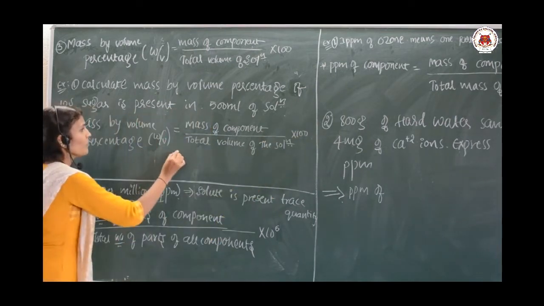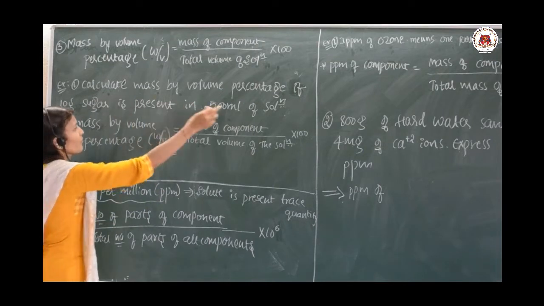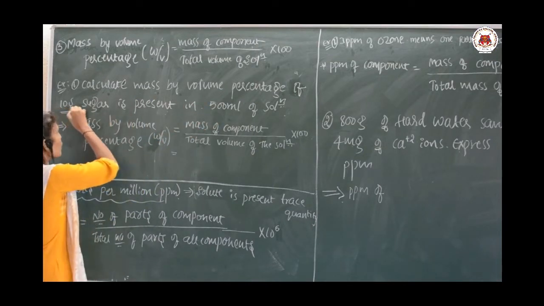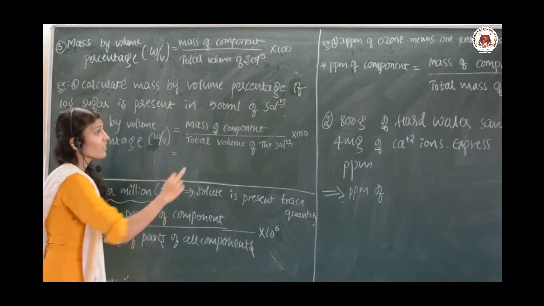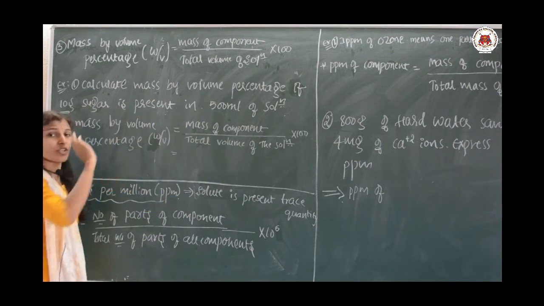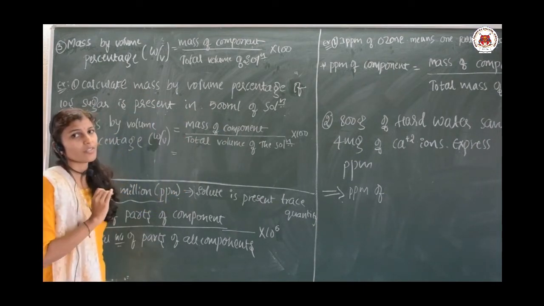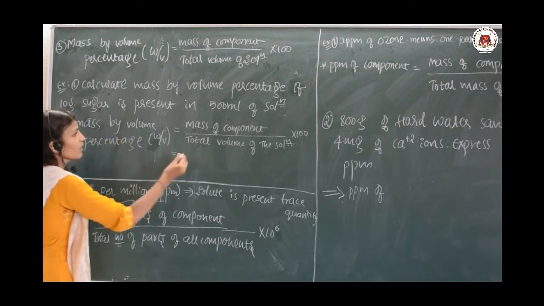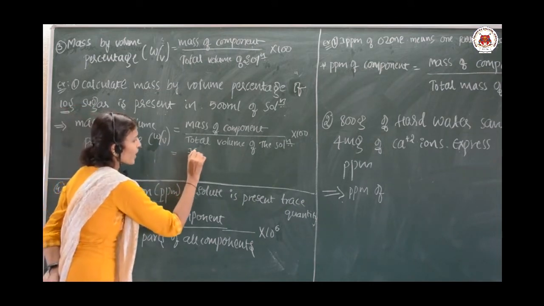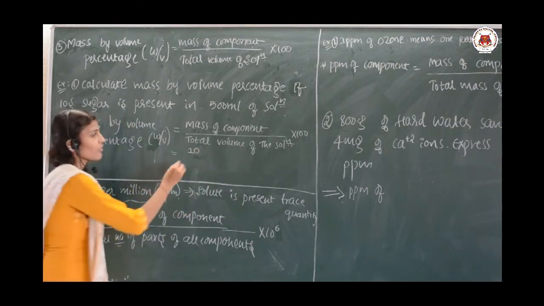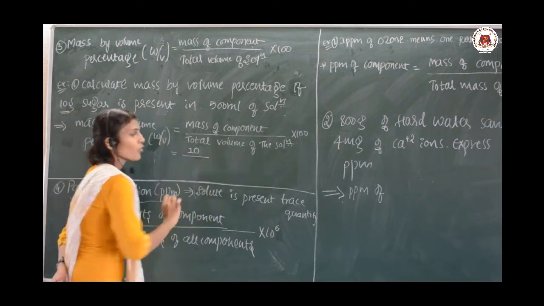In the given problem, the mass of the component, see here, 10 gram of the sugar, that is the mass of the component. Which component is present here? Sugar is the component. So take the mass of the component as 10 gram and divide by the total volume of the solution.